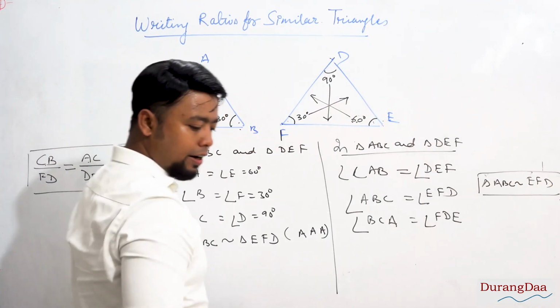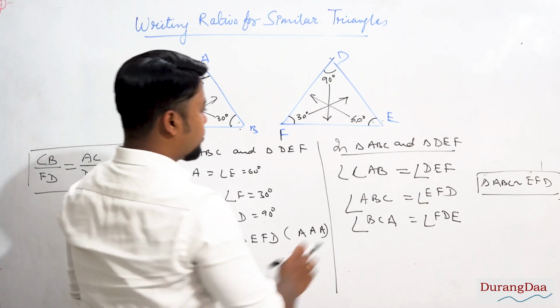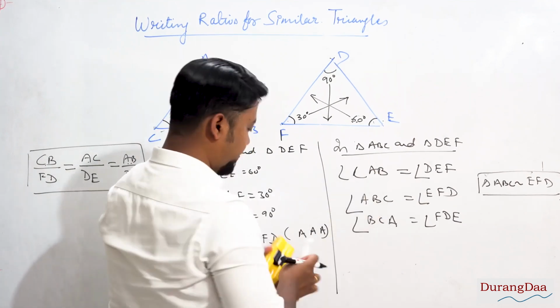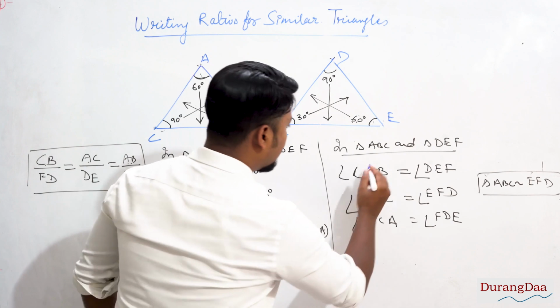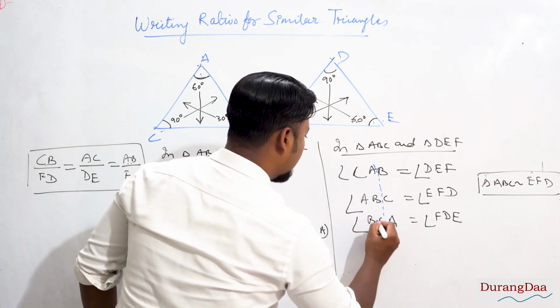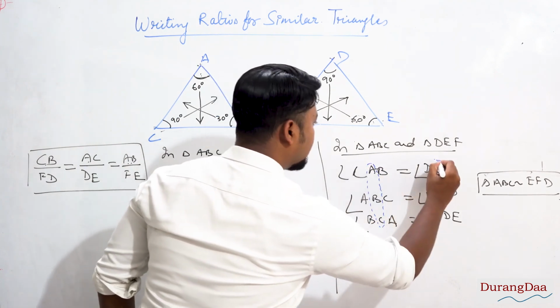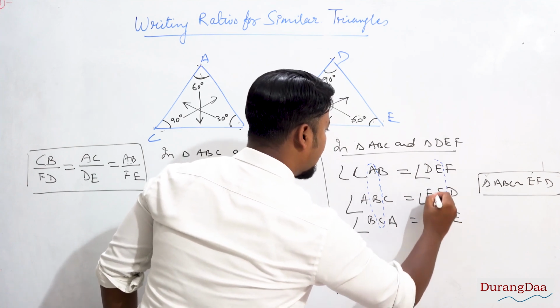Now how do we find the ratios? You just omit the middle portion, keeping the LHS and RHS.